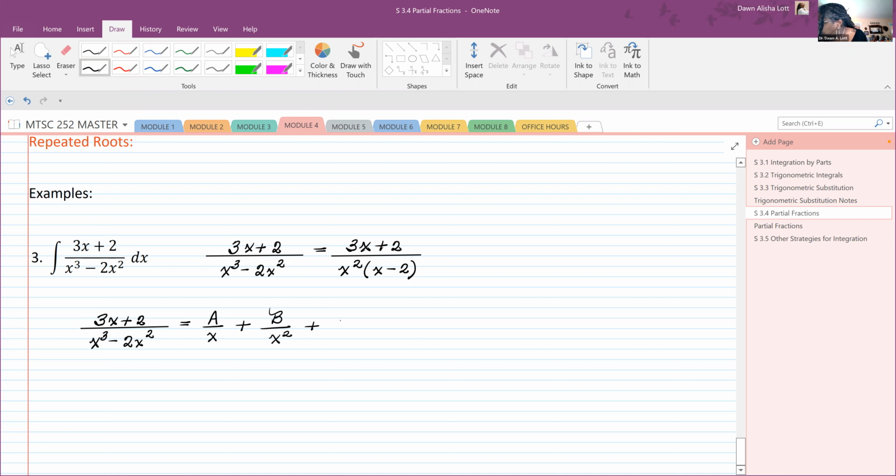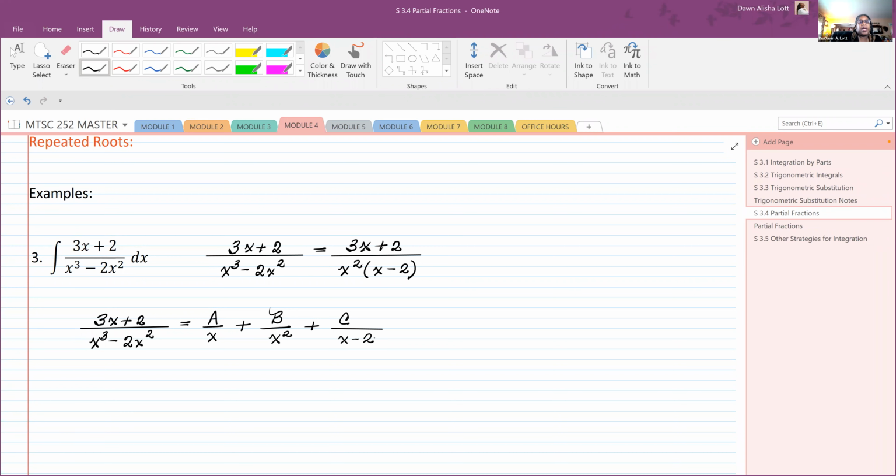And then, of course, I have the other linear factor, C over x minus 2. This is the way I have to split it up into partial fractions.